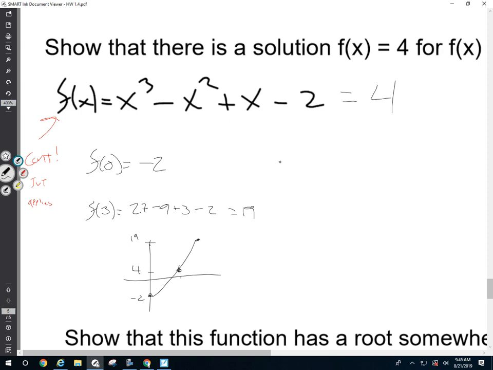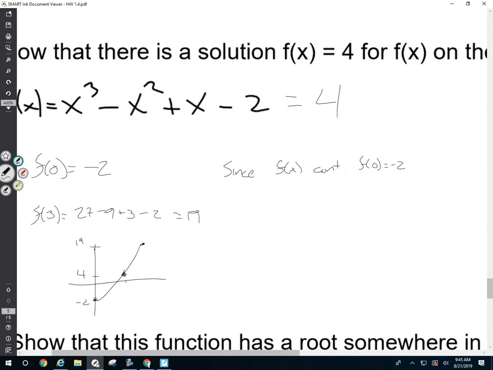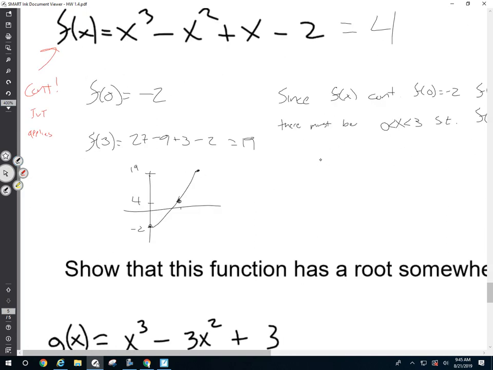So you'd say, since f of x is continuous and f of 0 equals -2 and f of 3 equals 19, there must be an x between 0 and 3 such that f of x equals 4. That's what you would write.